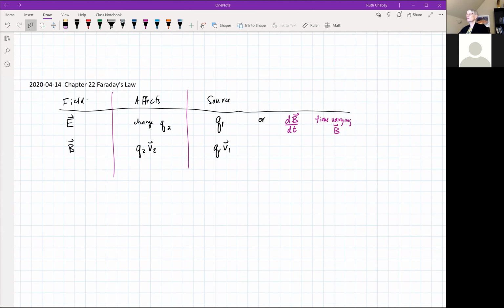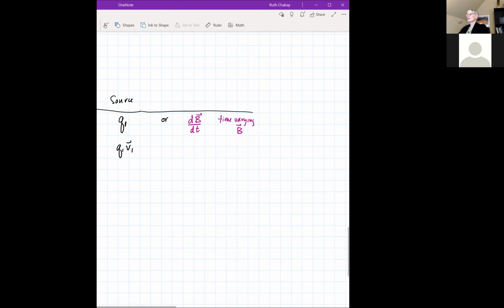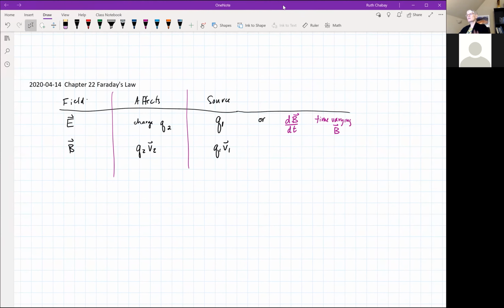So therefore, it seems like when he held it still, there wasn't any current. So if we have a magnetic field that's changing with time, there could be a current in the coil. And if there's no time varying magnetic field, then there's no current.